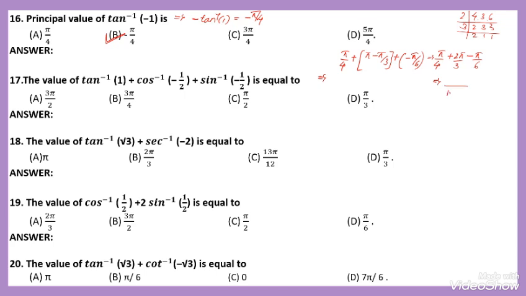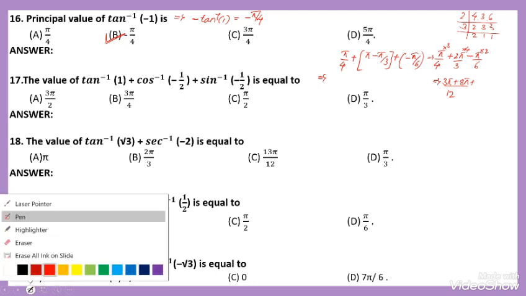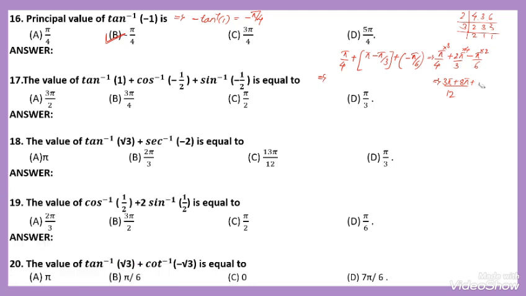The LCM will be 12. So I multiply here: 4 3s are 12, 3 4s are 12, 6 2s are 12. Next, 3 into pi, 3 pi plus 2 pi into 4, 8 pi, and here there is a minus.